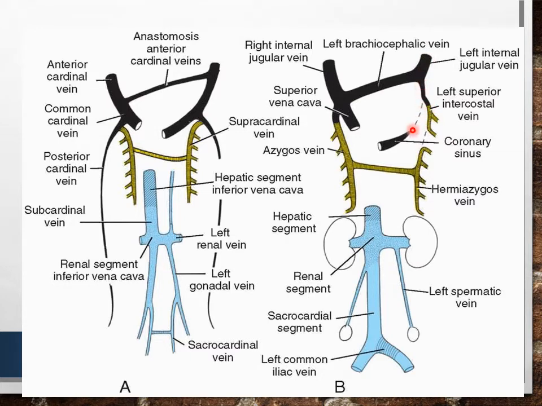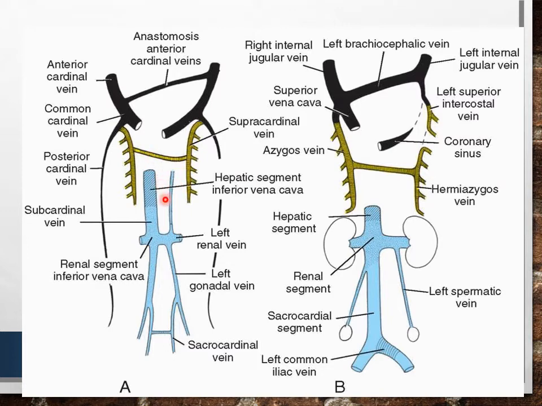On the left side, the common cardinal vein and the proximal part of the anterior cardinal vein are obliterated and disappear. Only some posterior part, along with the supracardinal vein, forms the superior intercostal vein.